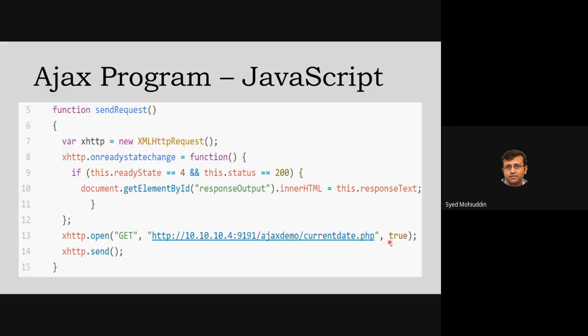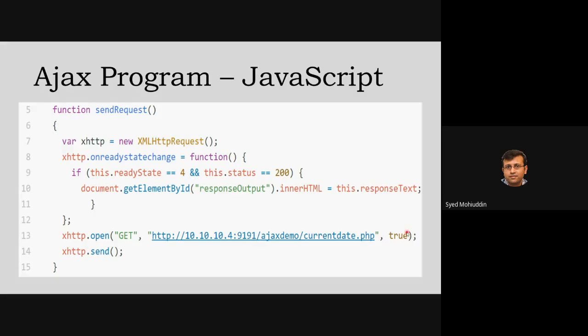And then the third argument will be true or false. The third argument is for whether the communication is asynchronous or synchronous. So here true means asynchronous communication. Now you might be wondering, when Ajax itself is asynchronous, as in asynchronous JavaScript and XML, then what was the need for an argument to say true or false?